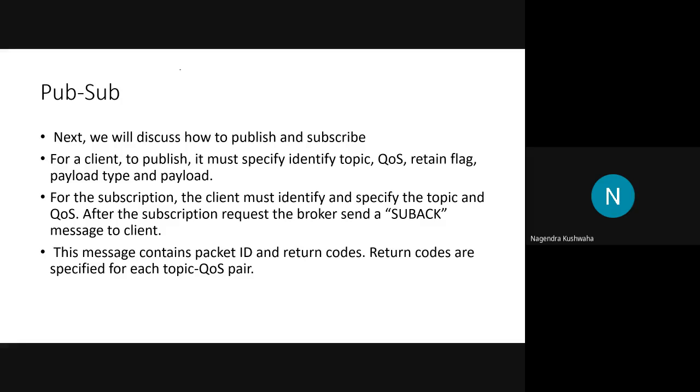When a client is publishing anything, it must identify the topic, quality of service, return flag, next the payload type and the payload. When we do the exercise, all those things will be pretty much clear, right?